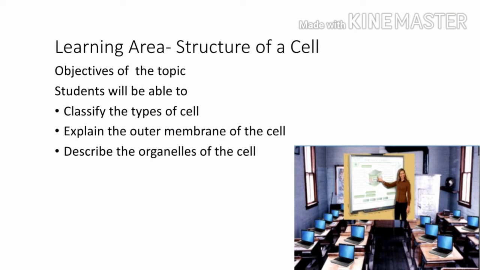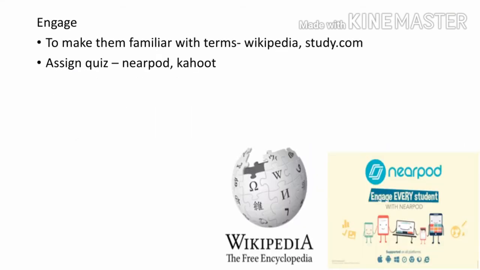They'll be able to explain the membranes of the cell and they should be able to describe the organelles of the cell. Students should be able to meet these objectives after our teaching. So, our lesson plan preparation should be in such a way to meet these criteria for any topic we choose to teach.